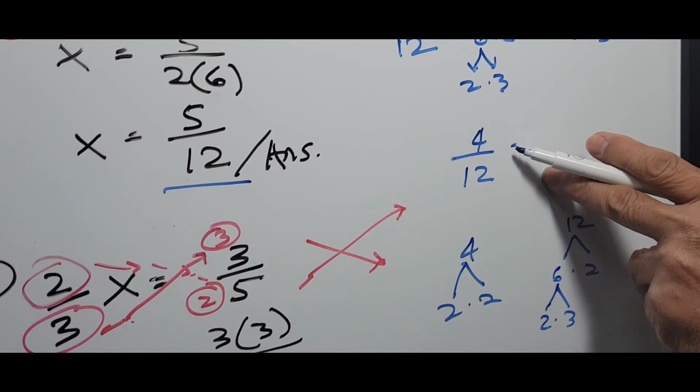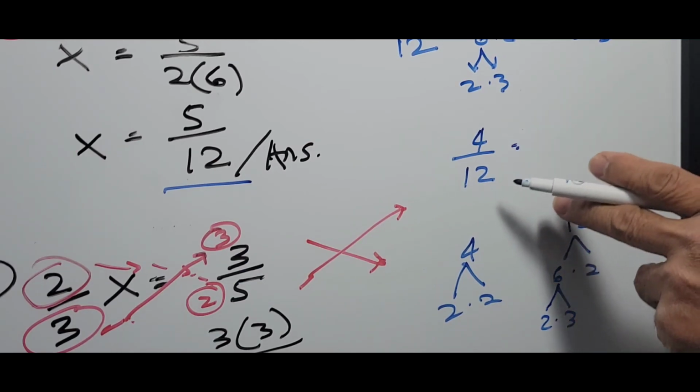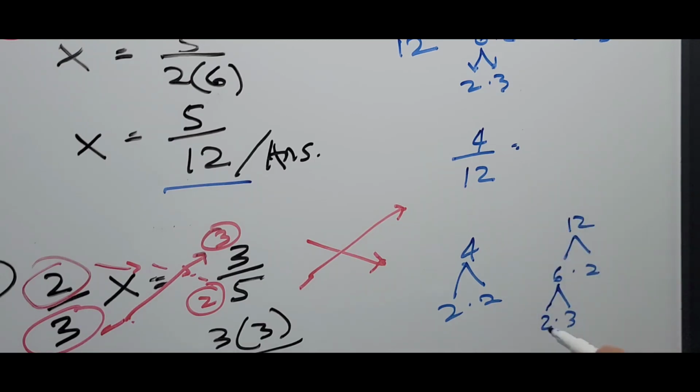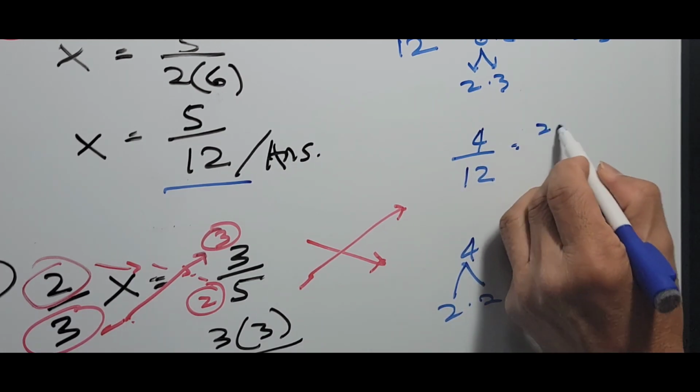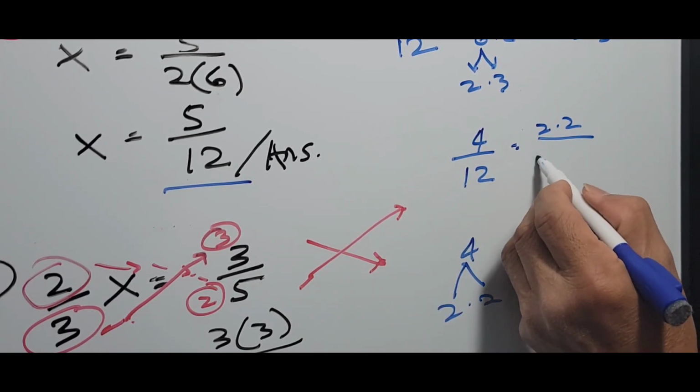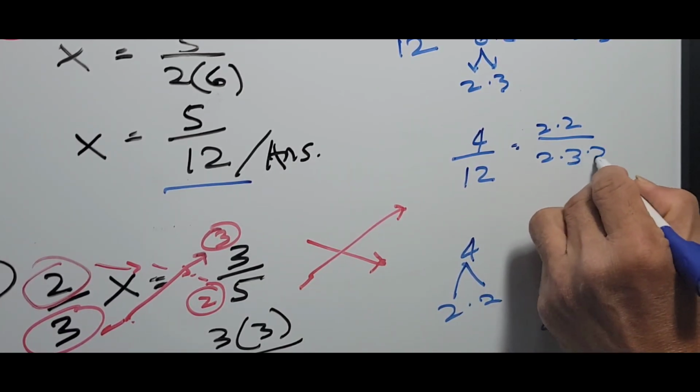Right? Notice that 4 is a third of 12, so the answer should be 1/3. But let's say, assuming we don't know that, so the factors of 4, you go back here, 2 times 2. Factors of 12, 2, 3, and 2.